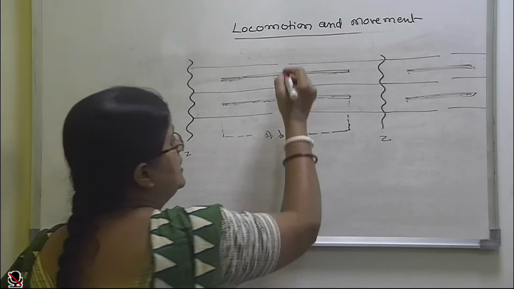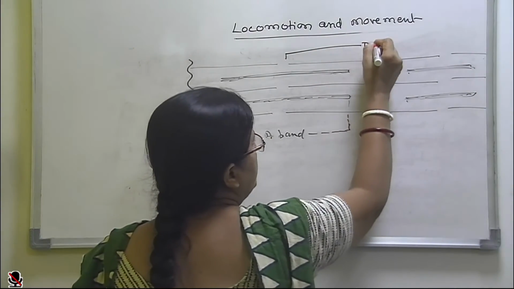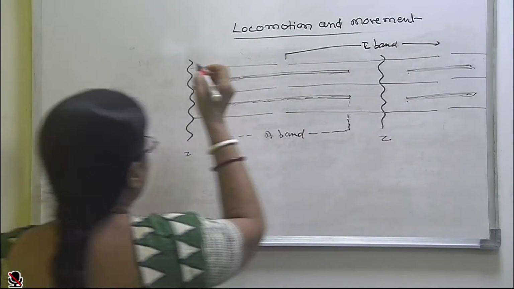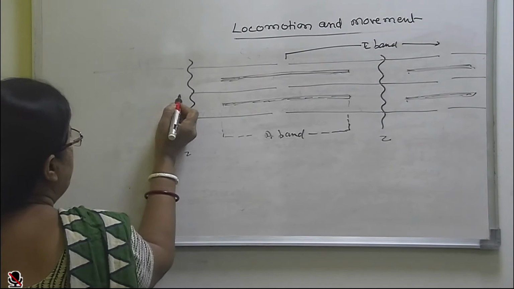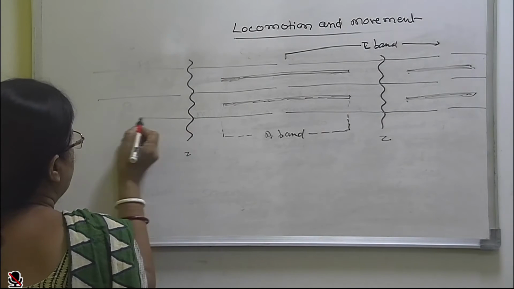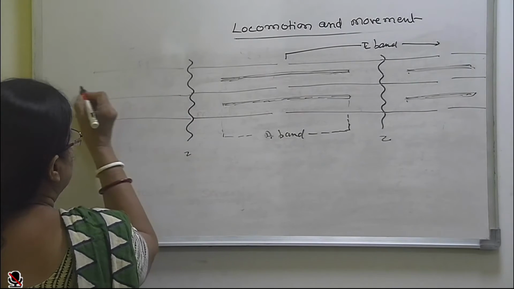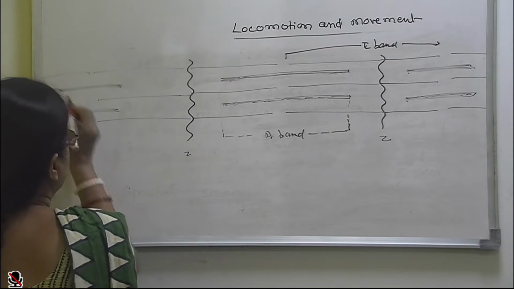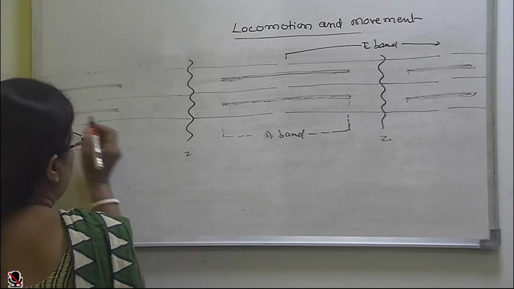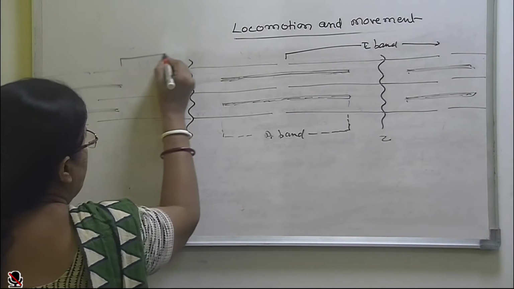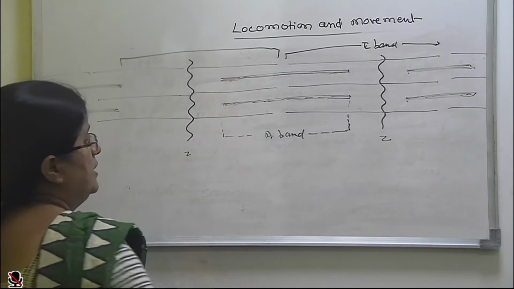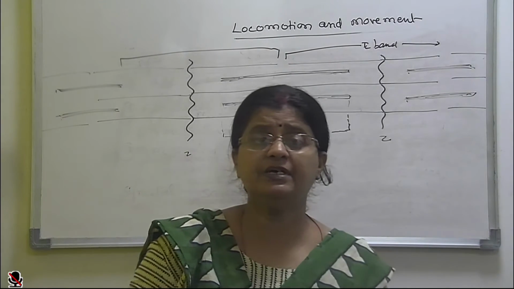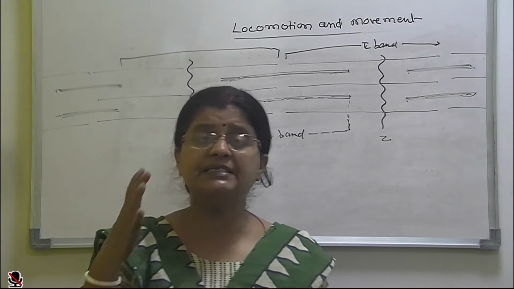So this is your I band. Here also you will find the same. So there is a Z line in the I band which bisects it.